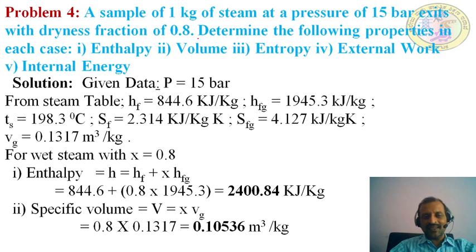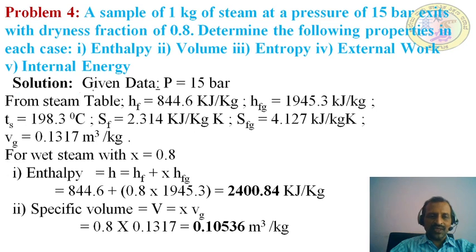Now he is asking you to determine the following properties in each case: first enthalpy, volume, entropy, then external work and internal energy. So all these 5 properties you need to find out for the given steam.